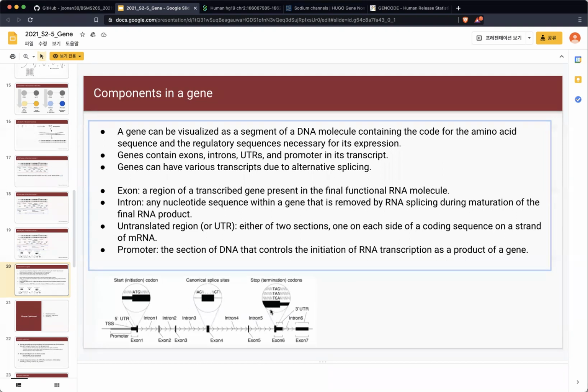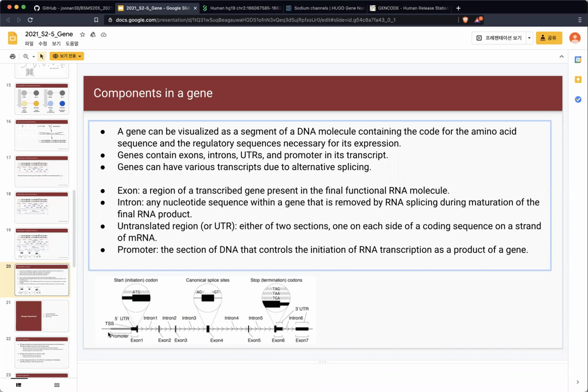And you probably learned in molecular biology that this 5' UTR is close to the transcription start site, which is the starting point of gene transcription by RNA polymerase II. And that region also contains the upstream sequence called the promoter, right? So this is the area promoting the gene transcription.